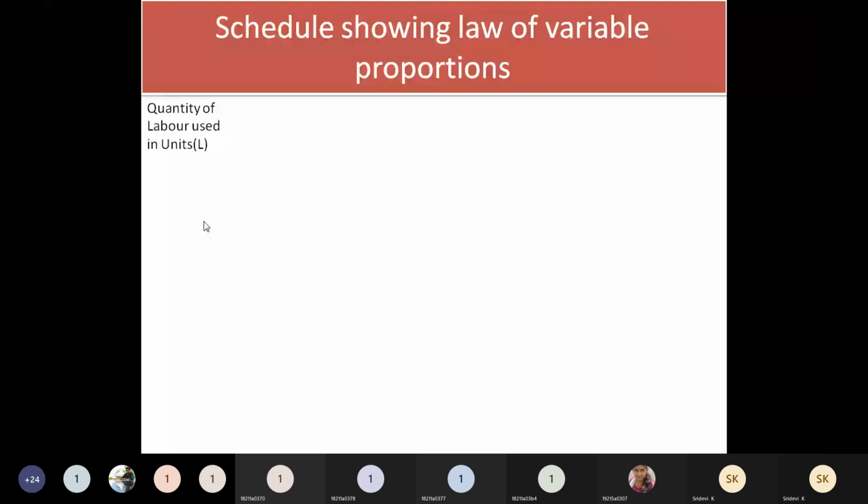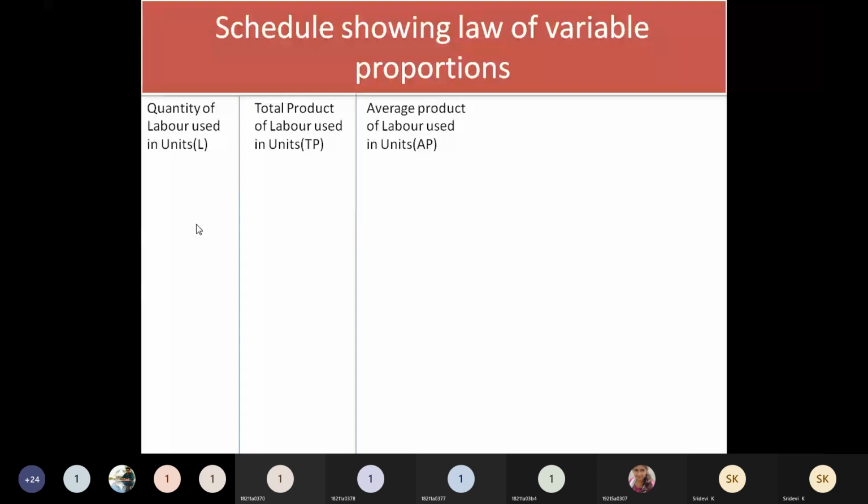So we are going to find out the total production. By using this total production, we will find out the average of each labor. We divide by the number of laborers that you have used, and you will get the average product, or average output, you can call it. And you are also going to find out the marginal output.